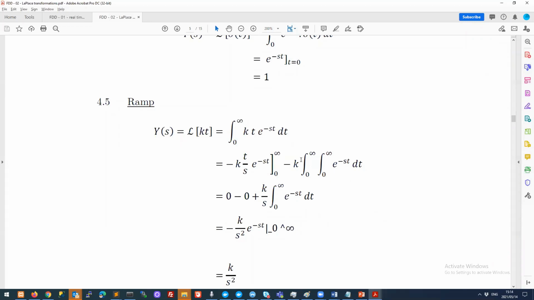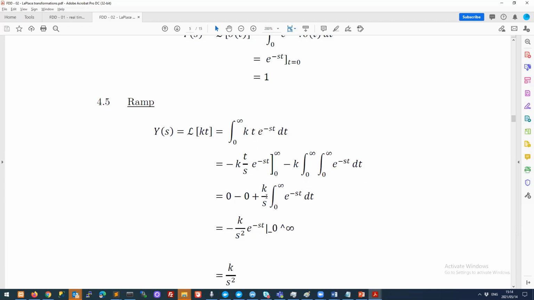So where's the minus 1 over s here? It looks like there's an error. I didn't think I had any errors here. So that's the integral of e to the minus st. There's definitely a missing 1 over s here.